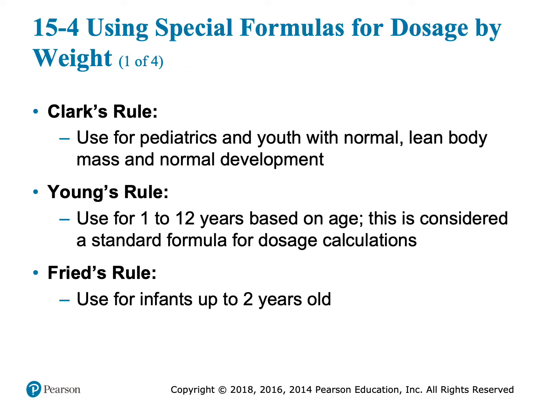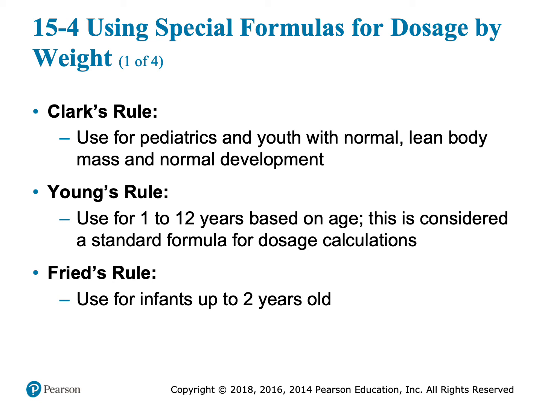All right, so now let's look at 3 special formulas for calculating dosage by weight. The first one is called Clark's rule. Clark's rule is used for pediatrics and youth with normal or lean body mass and normal development.